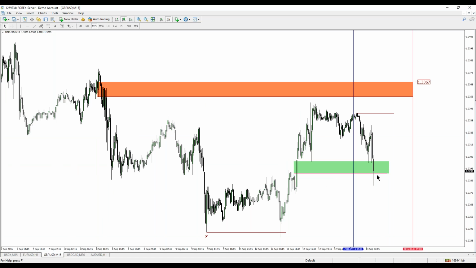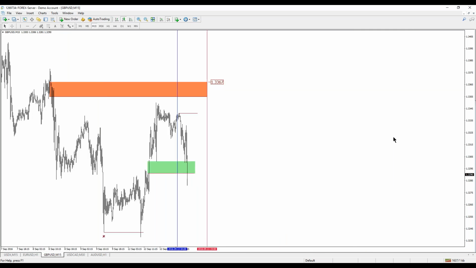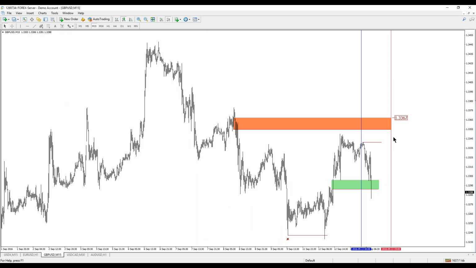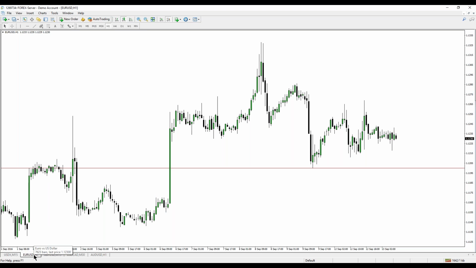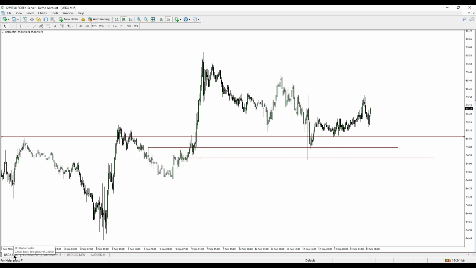Okay, so we moved into the order block here. Euro dollar's dead. $95.25.